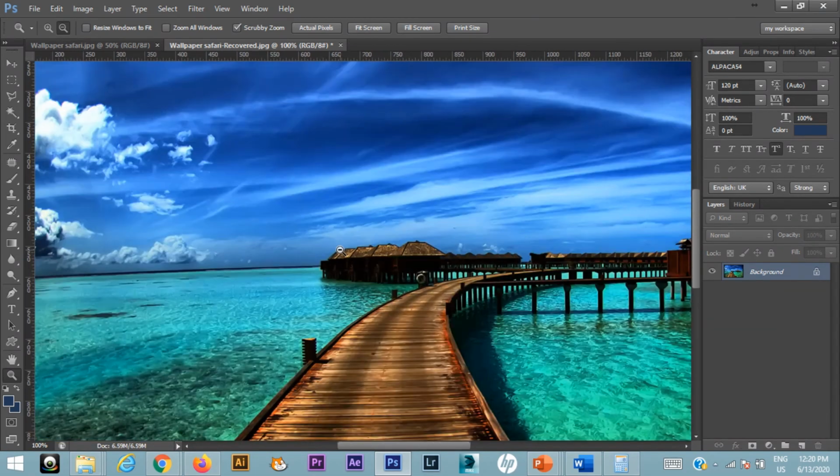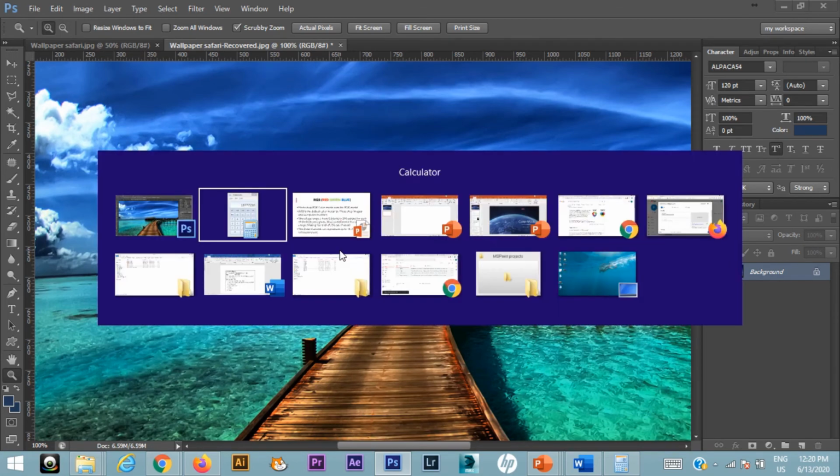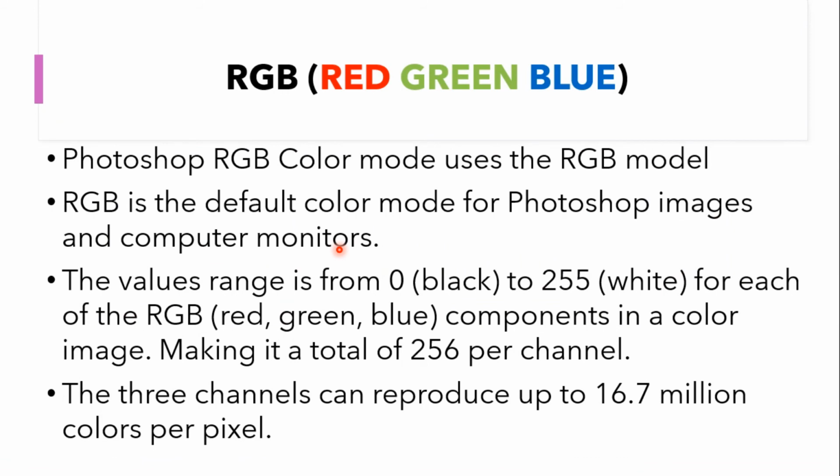This is why some pictures are better than others. Some cameras are better than others. So I want you to take note of the powerful work of pixels. The higher the number of pixels, the higher the quality of the picture, the more the quality of the colors presented in the picture, and the larger the size of the picture. I hope that is understandable. So the three channels can produce up to 16.7 million colors per pixel.